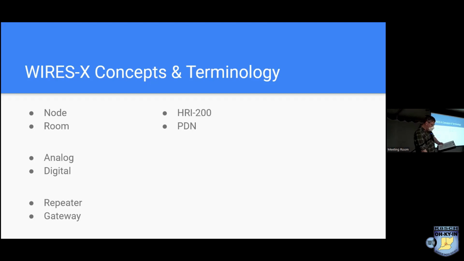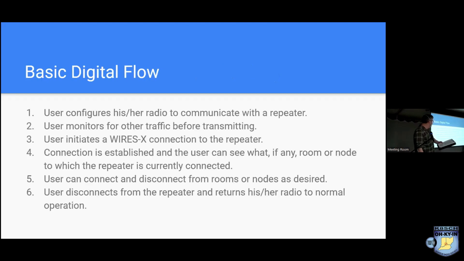But let's talk about a basic digital flow. So I mentioned there's analog, there's digital. We're going to talk about digital first. With a basic digital flow, you're going to configure your radio to communicate with the repeater. Of course, you're going to be a good operator. You're going to monitor for a bit, make sure there's no other traffic on that repeater that you're about to interfere with.